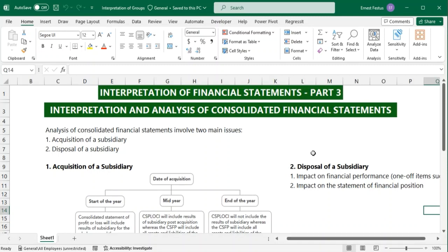The first one is the acquisition of subsidiary or the subsidiaries if there are more than one, and the second one is the disposal. So we analyze consolidated financial statements from two main angles. The first one is acquisition issues, and the second one is the disposal issues.